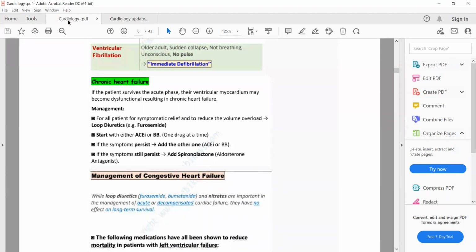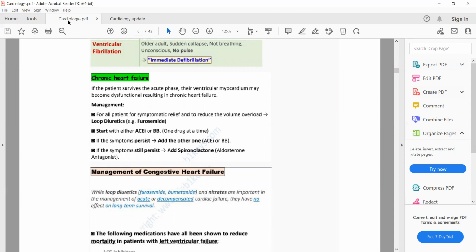How are you going to know if the patient is in volume overload or not? If there are features of pulmonary edema and if there is lower limb edema, then you will prescribe loop diuretics such as furosemide.